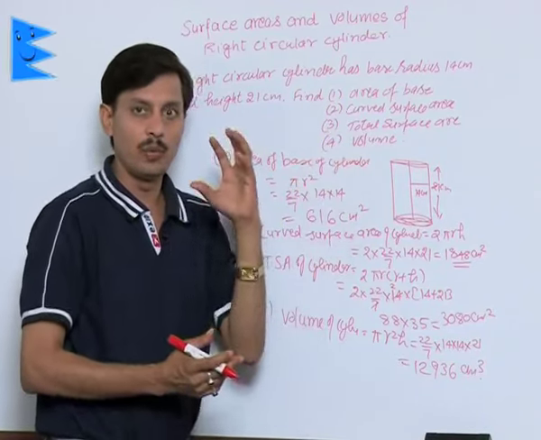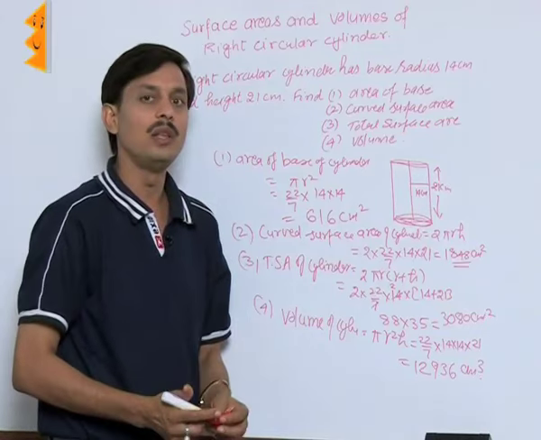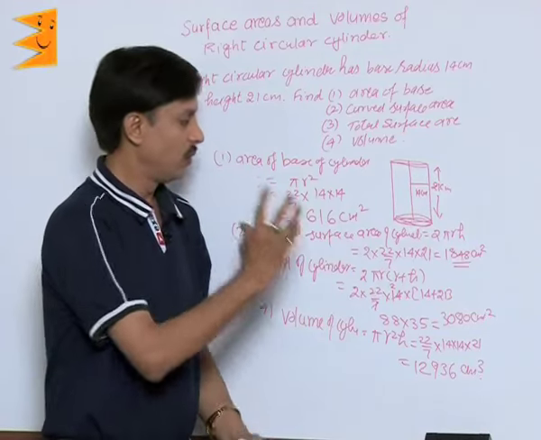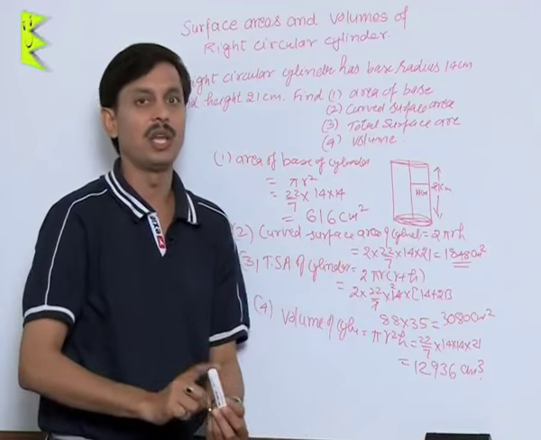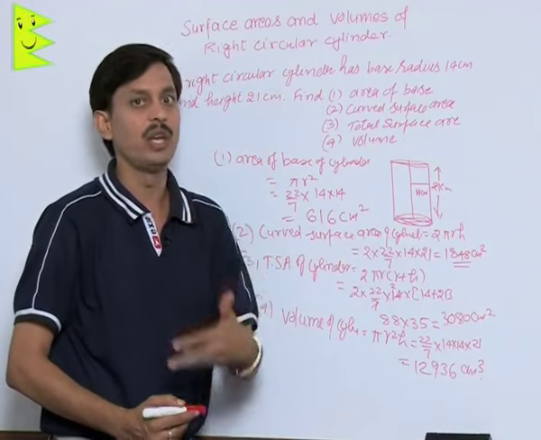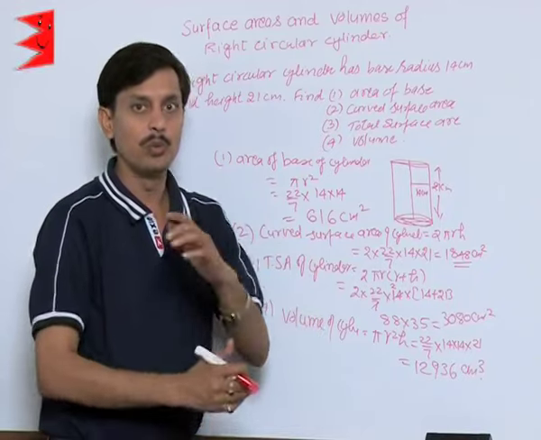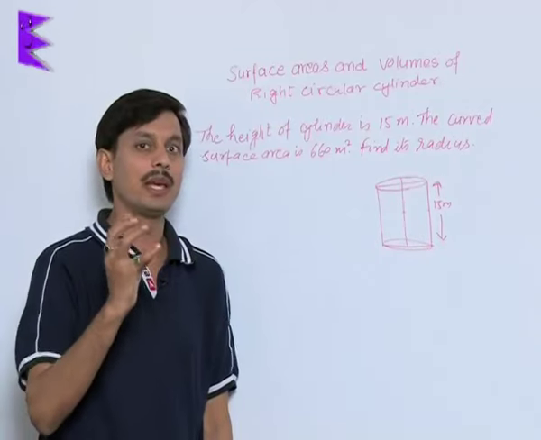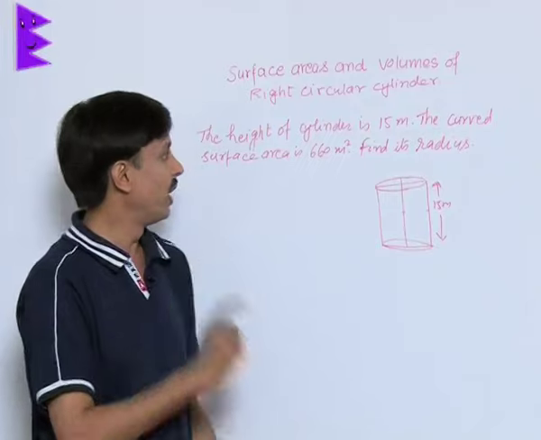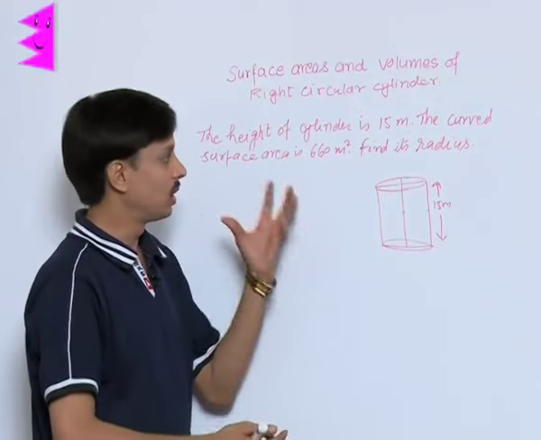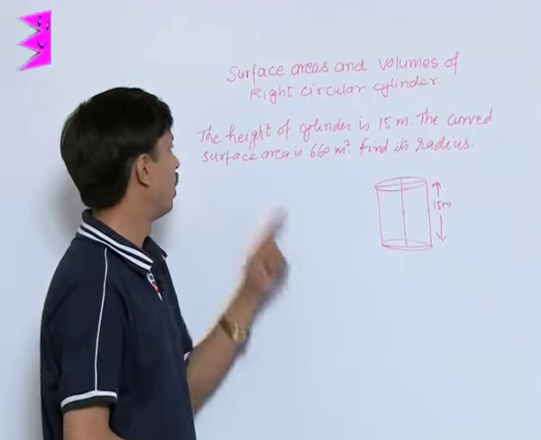You need to be very specific while you are writing the values. Please take care about the units. For area it is unit square and for volume it is unit cube. Now I am taking an example where we will use the curved surface area formula.